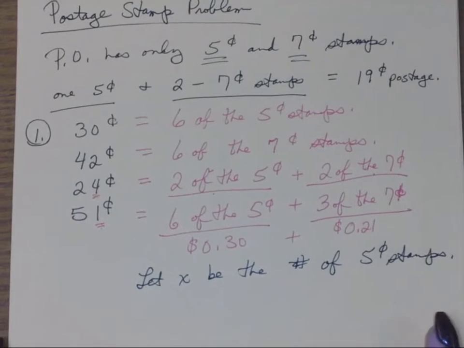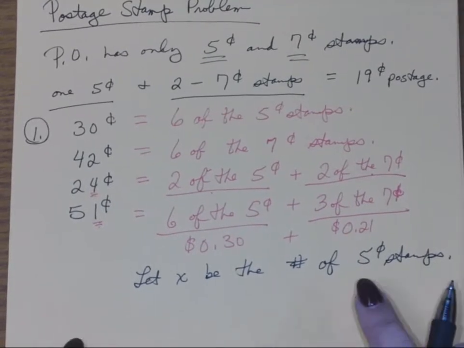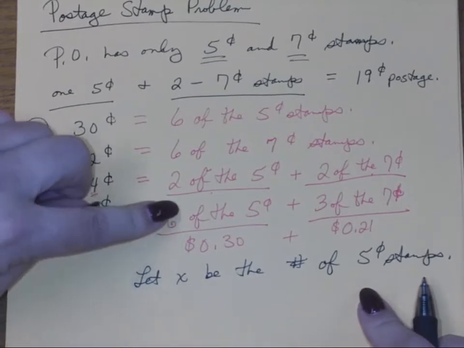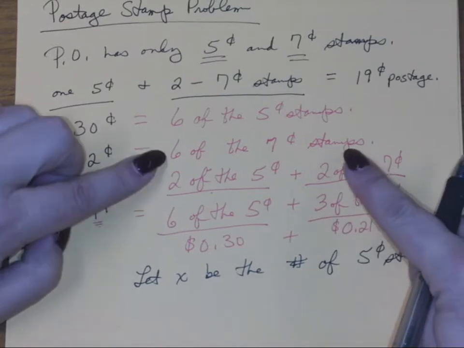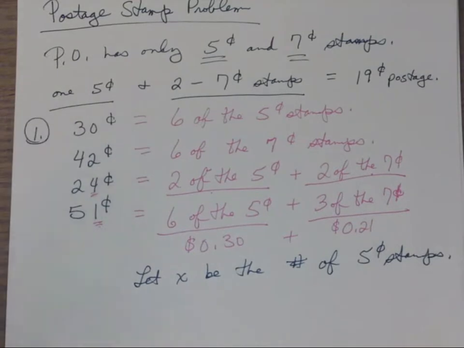Oh, we know X, it's a variable, no problem. Can I use the same variable for the 5-cent stamps that I used for the 7-cent stamps? Well, no, because here I had 6 of these and here I had 3 of those, right? Here I had 6 of the 7-cent stamps, but I had 0 5-cent stamps. So they need to be independent variables, not tied to each other, except for that they need to together make the combination that I'm after, right?